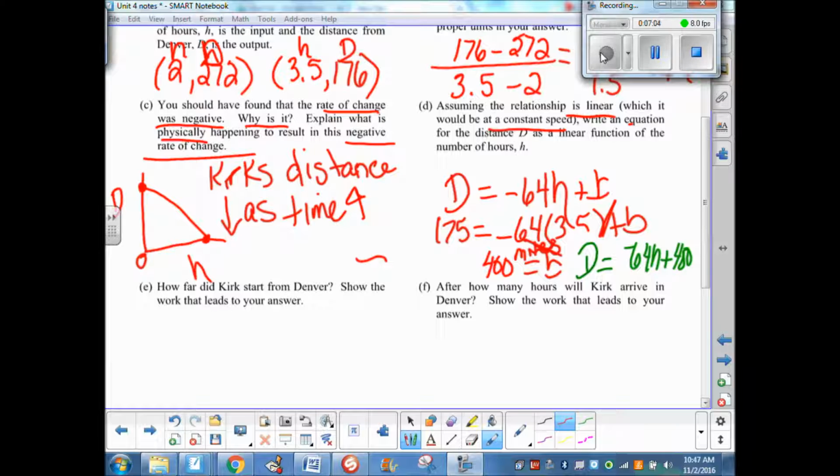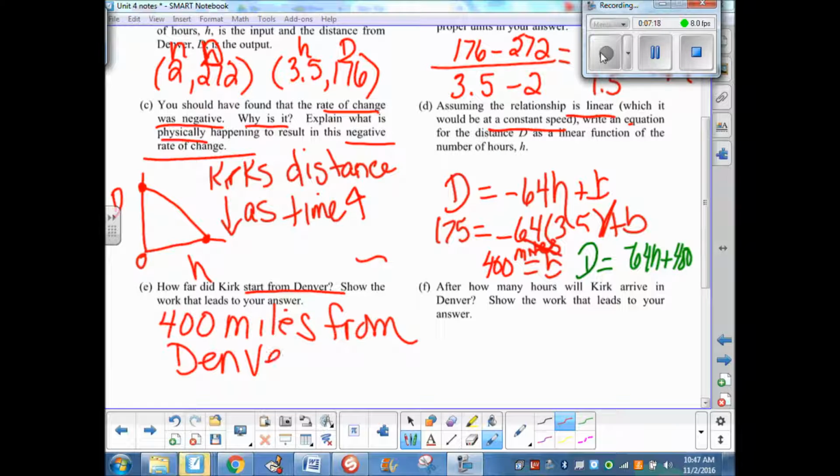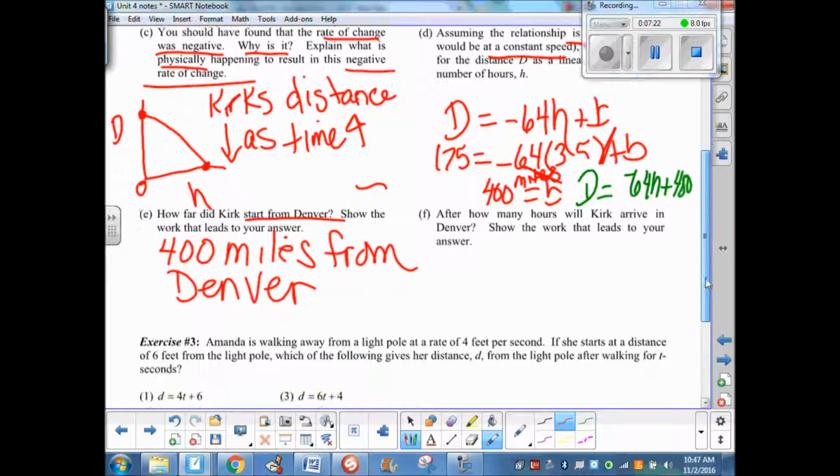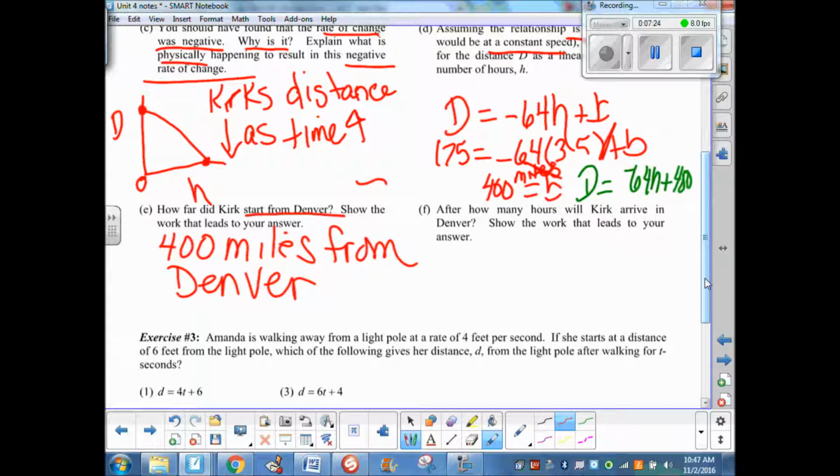So it says, how far did Kirk start from Denver? We just found that that 400 is our y-intercept. So he's 400 miles from Denver. Show the work that leads to your answer. Well, if we use our equation, how far is he from Denver?